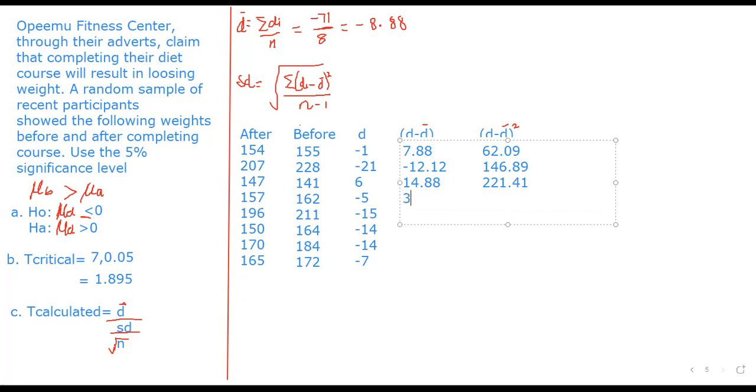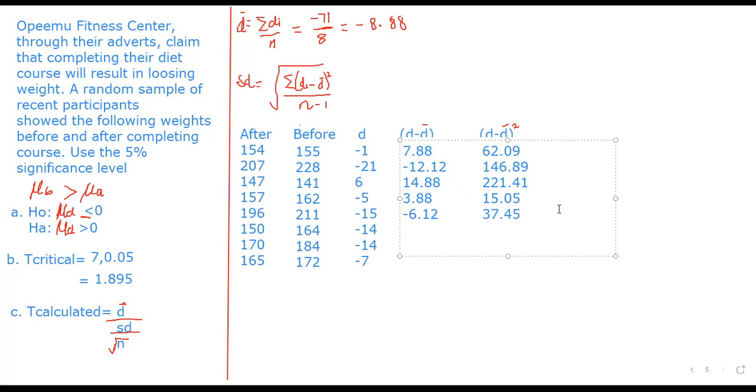This one will be 3.88, find the square, 12.88, so 15.05. Then you are getting negative 6.12, which squared gives 37.45.